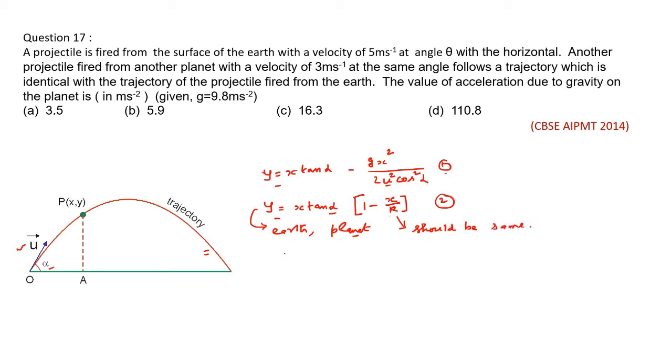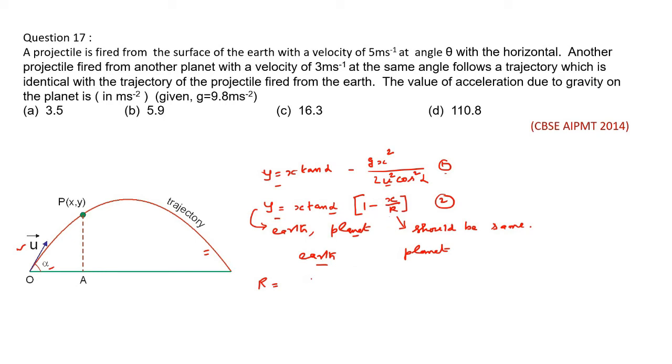So first we take earth, and this is for the planet. We know the formula for the range. R should be the same, but the velocity of projection is different, and of course the acceleration due to gravity will be different. For both earth and planet, the range is the same because of the same equation of the trajectory.